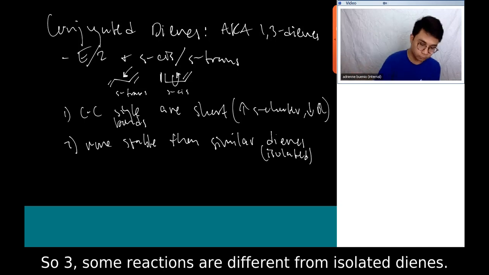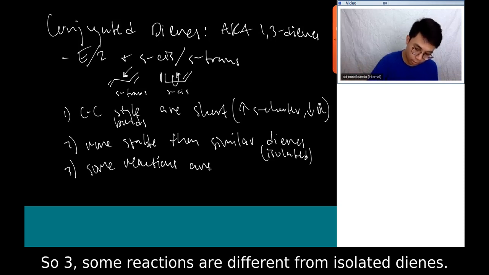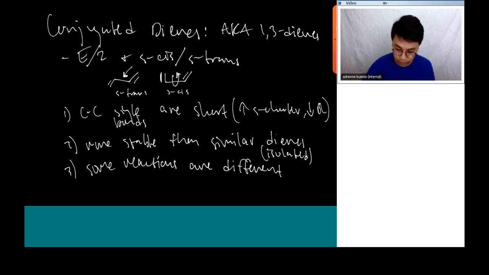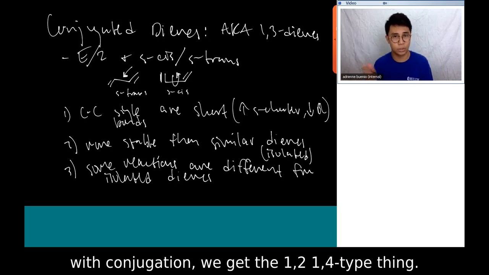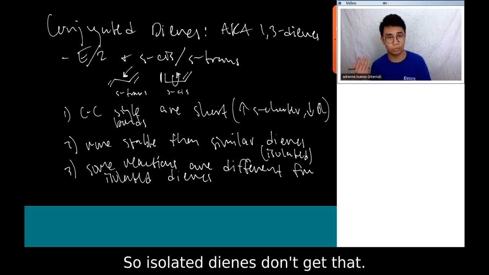Three, some reactions are different from isolated dienes. These all make sense because with conjugation, we get the 1,2, 1,4 type thing, though isolated dienes don't get that.